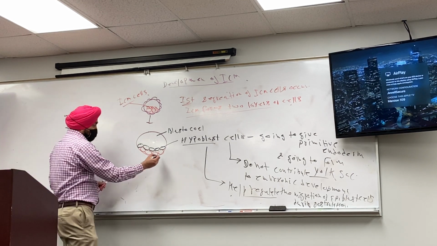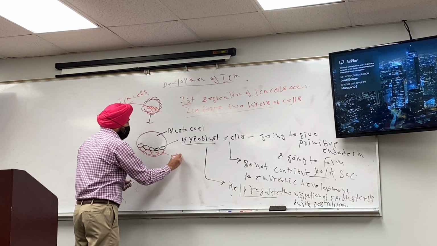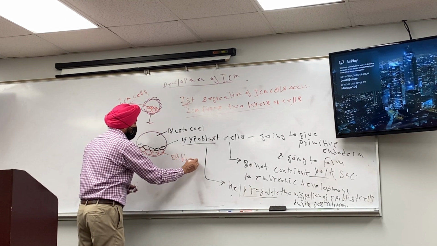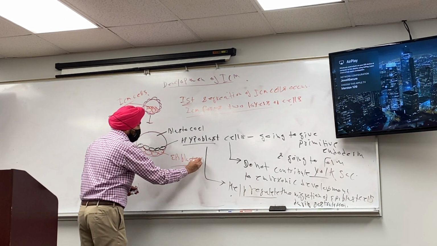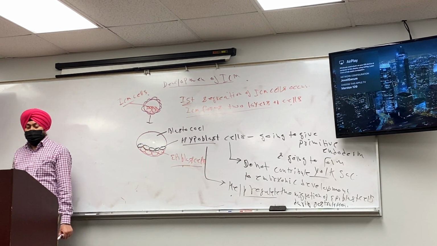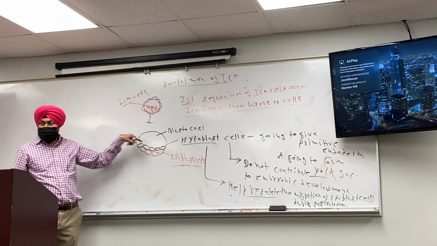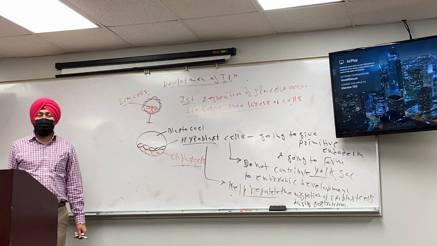These cells, the red cells, are called epiblast cells. So you can say epiblast layer, because this is one layer and this is the hypoblast layer, two layers of cells.